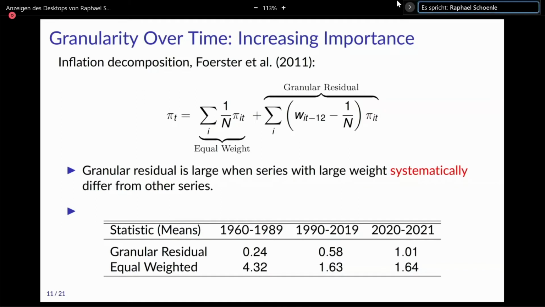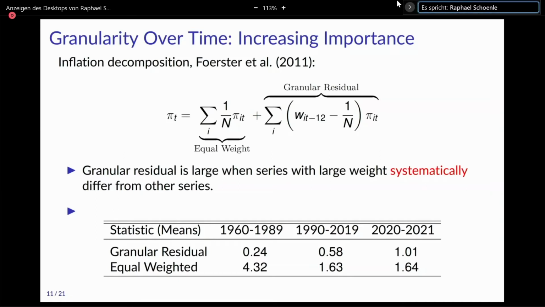We show this using an inflation decomposition following Foster et al., which decomposes aggregate inflation into an equal weighted component and a granular residual, which is usually large when series with a very large weight relative to the equal weighted share systematically differ from other series.